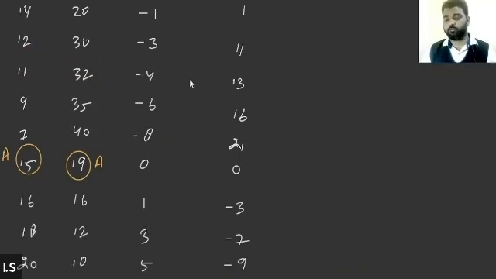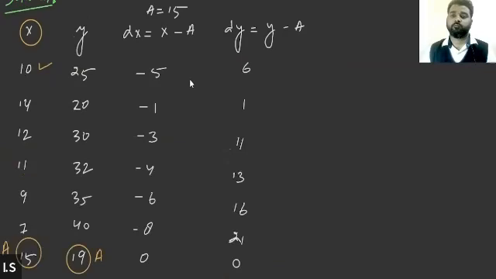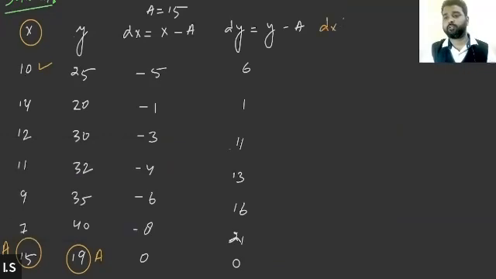We will multiply dx and dy. 6 into 5, minus 30. 1 into 1, minus 1. 11 into 3, minus 33. 13 into 4, minus 52. And 16 into 6, minus 96.